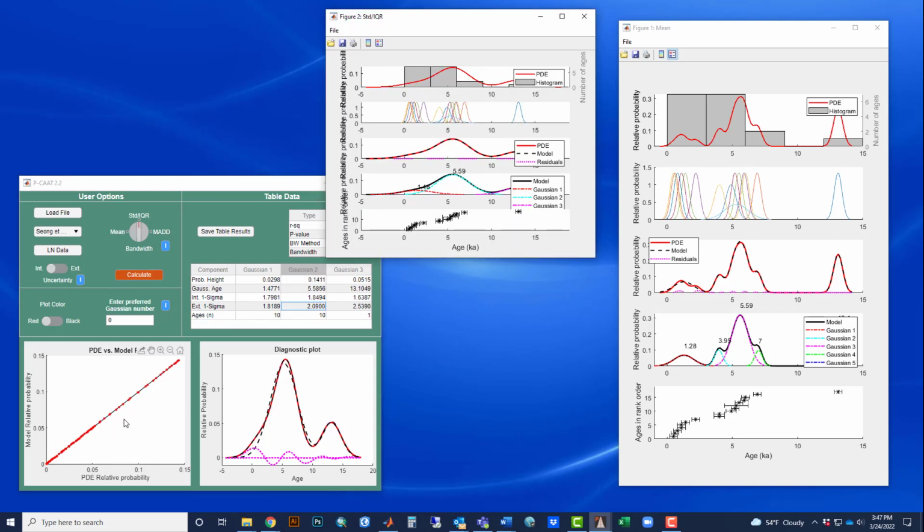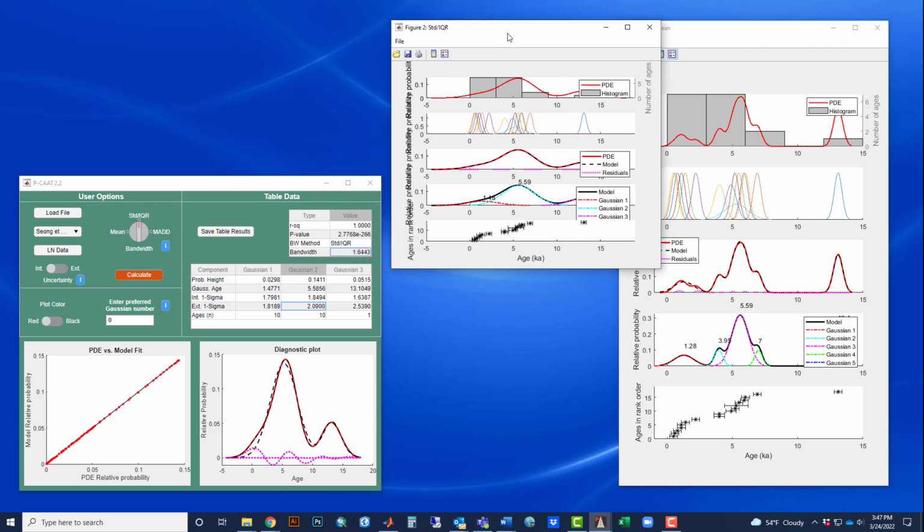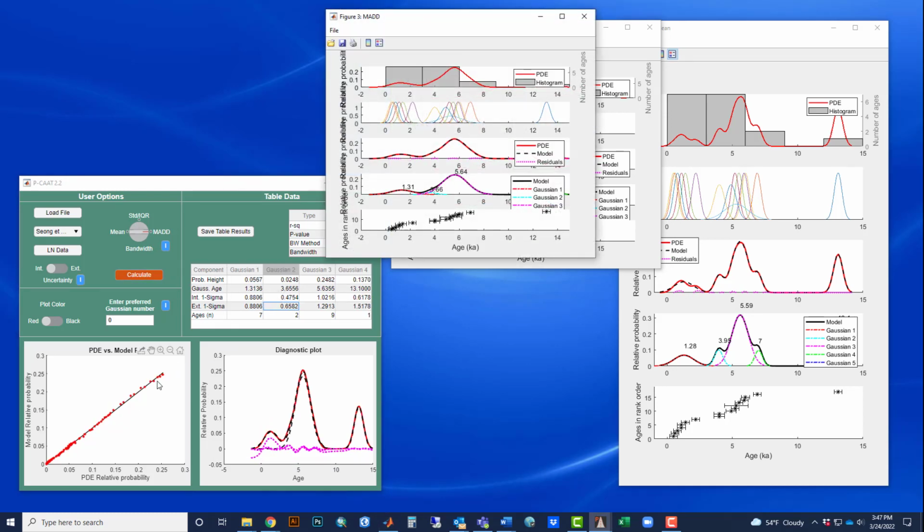This is a much nicer fit on the plot here. So that's a better way to go. And with MAD, again, we have a nice model fit, which is minor dispersion.